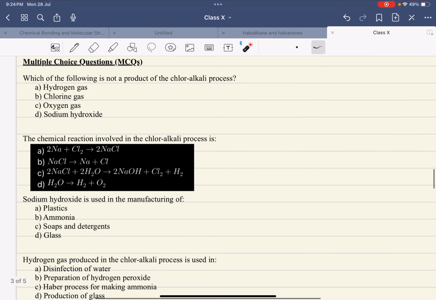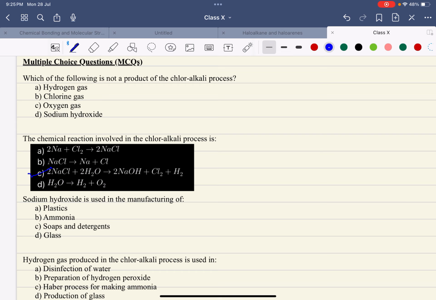Question number 2. The chemical reaction involved in the chloralkali process: 2NaCl plus 2H2O gives 2NaOH, Cl2 and H2. So, basically option C is the correct answer.